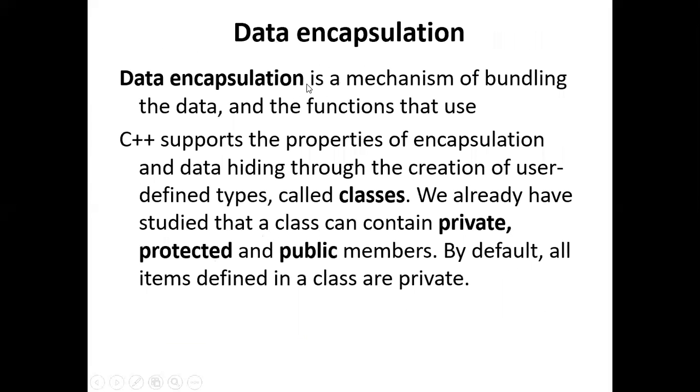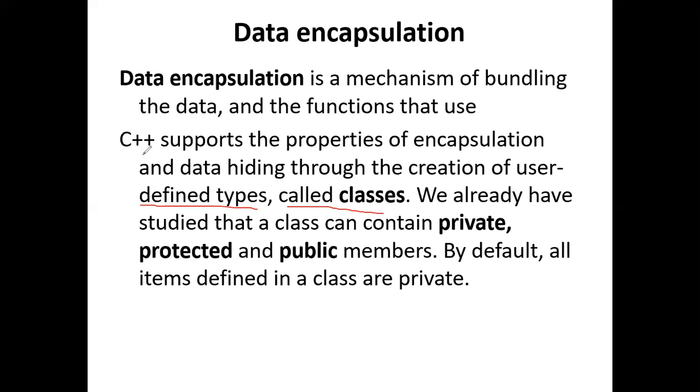Now, data encapsulation is a mechanism of bundling the data and the functions that use it. C++ supports the properties of encapsulation and data hiding through the creation of user-defined types called classes. So far we have studied that a class is a user-defined data type or data structure.